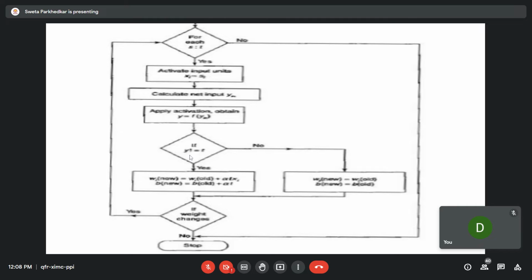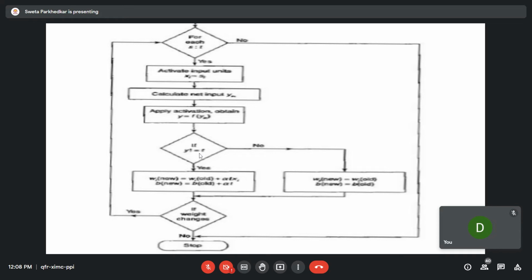And if y is not equal to t, if this condition is true, then it will go to this block and update the weights according to w_i new equals w_i old plus alpha t x, and the bias will also be updated by adding the learning rate times t.